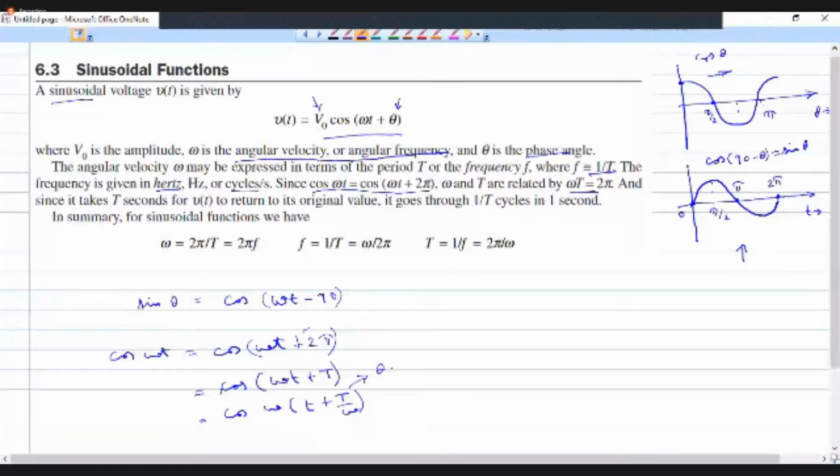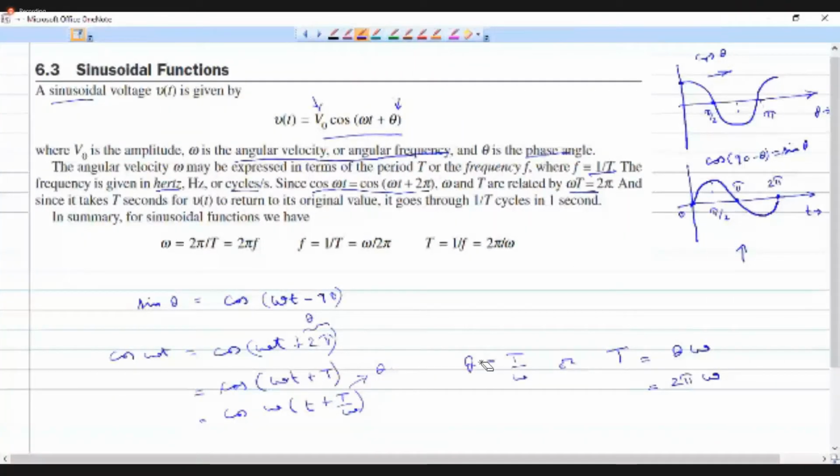So coming back here, I can express the time period T in terms of theta and omega, and for a periodic function this theta is equal to 2 pi.